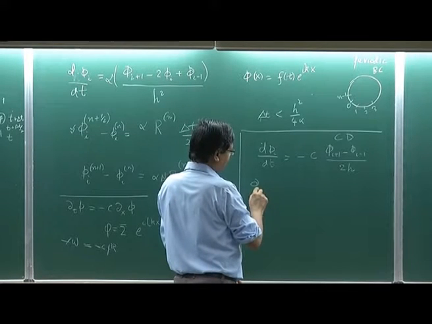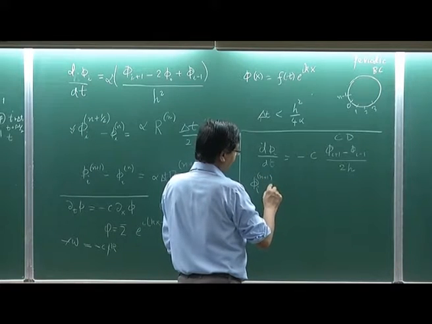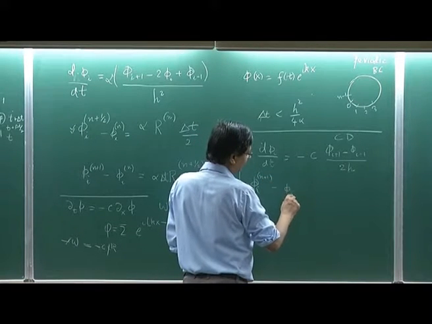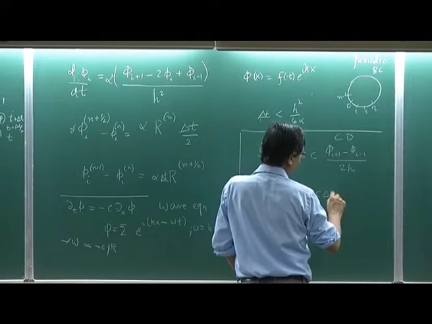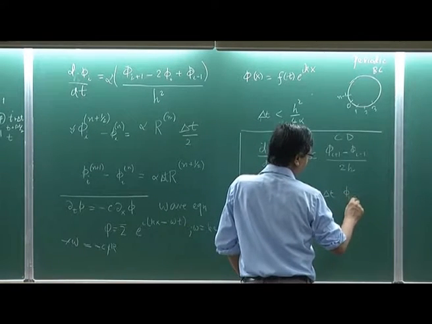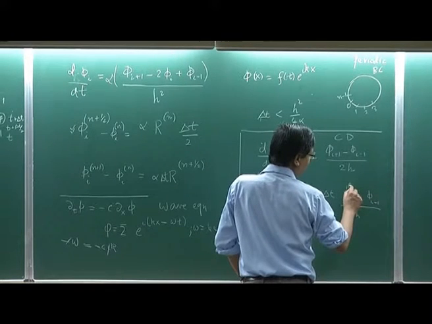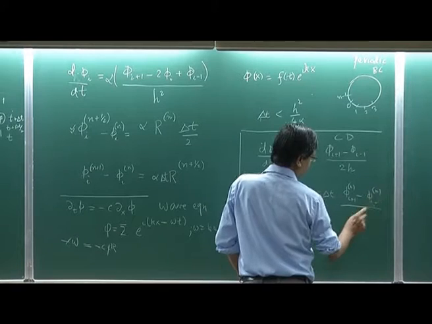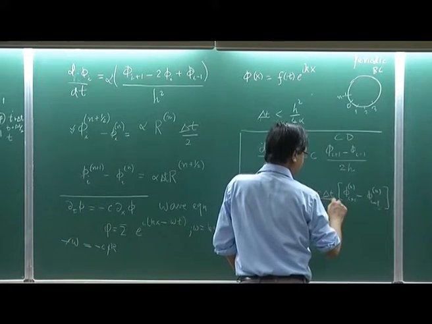So, phi i n plus 1 minus phi i n is equal to minus c delta t, phi i plus 1 minus phi i minus 1, this computed at n. So, let us put 2h here.